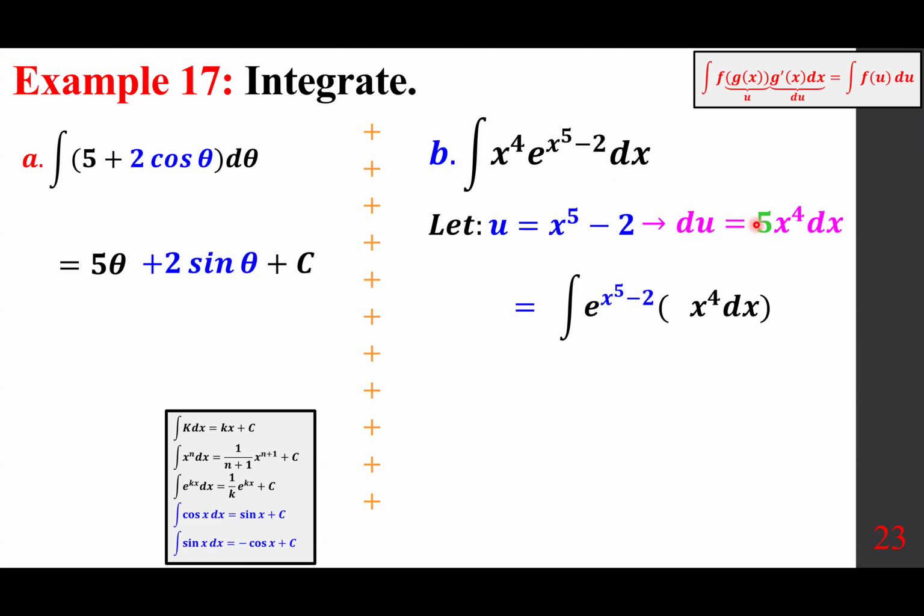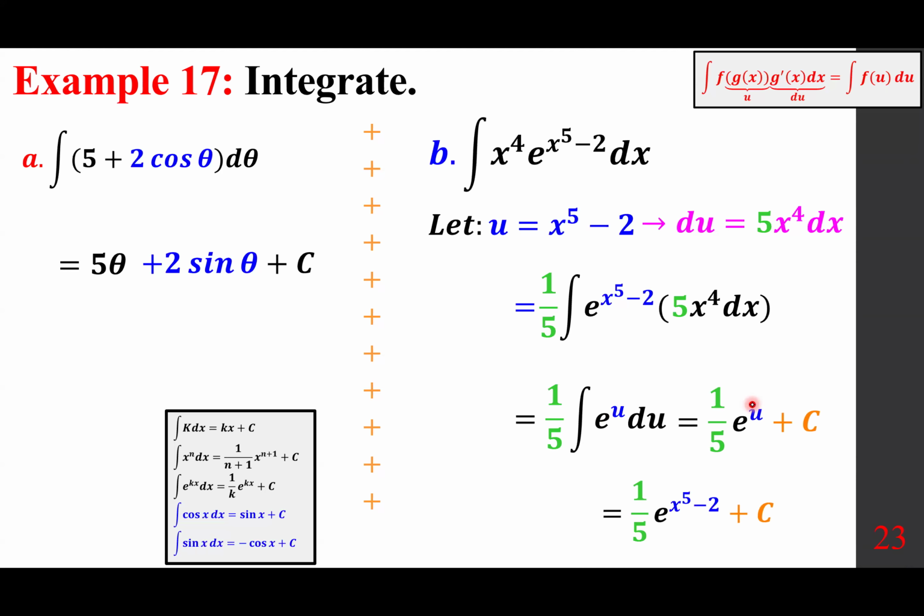However, because 5 is a number, the easiest way would be to plug in 5 and undo it with 1/5. Now notice this is e to the power of u, this is du, which gives you simply e to the power of u. So 1/5 e to the power of u and a constant. Reversing the substitution gives us 1/5 e to the power of x to the power of 5 minus 2 plus a constant, and we are done.